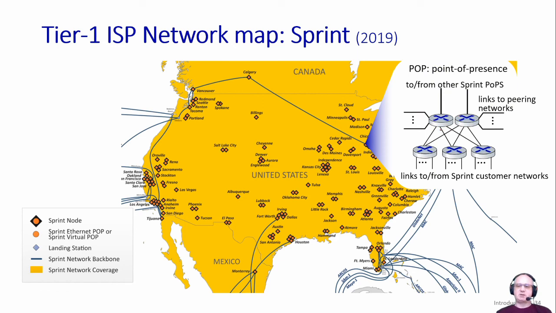And these points of presence are places that you can connect your network to, and that connects to the remainder of Sprint's network, as well as connects to all the networks with which they are peering, and so from there the entire internet can be reached. And this is an example of a network map that Sprint advertises here.